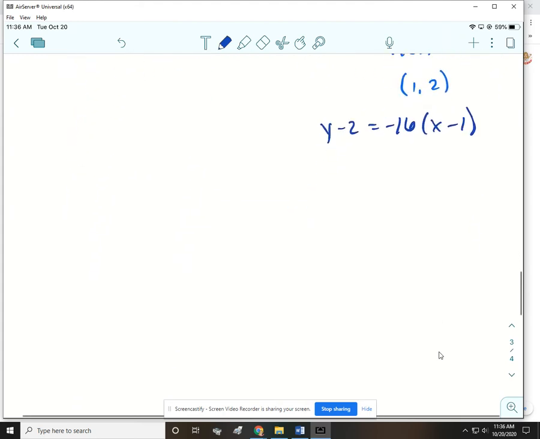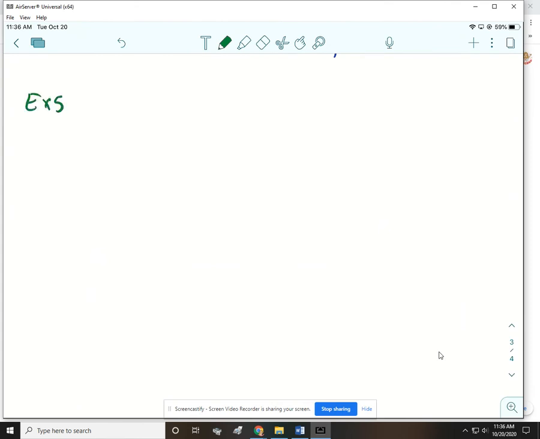All right, and we're going to do one more. This one doesn't use the table. We're going to let f of x equal 5x to the 4th and g of x equal e to the 2x plus x.